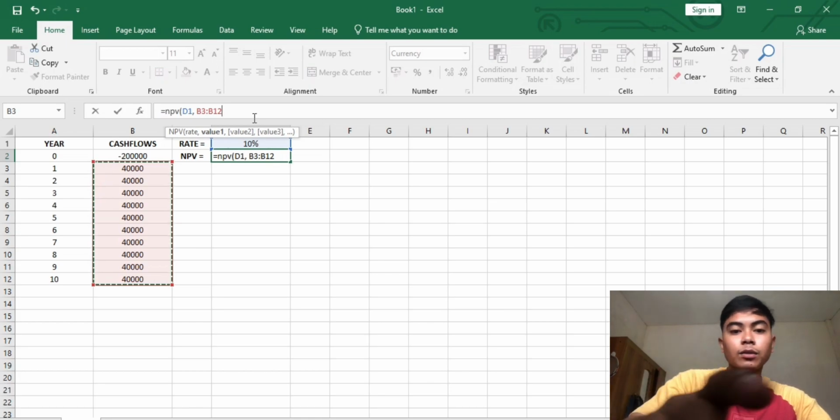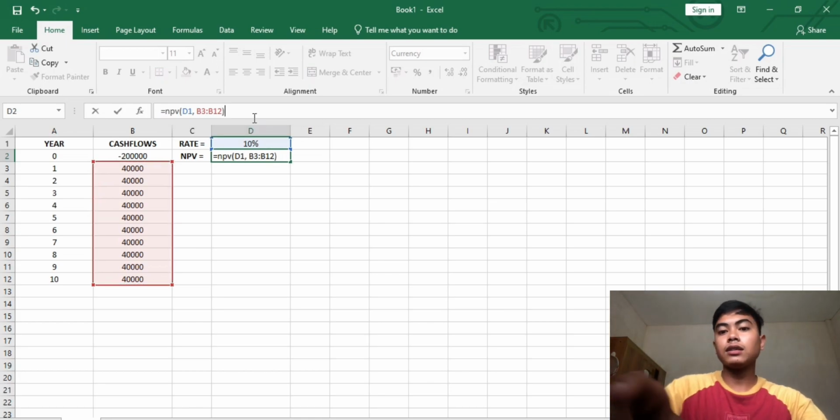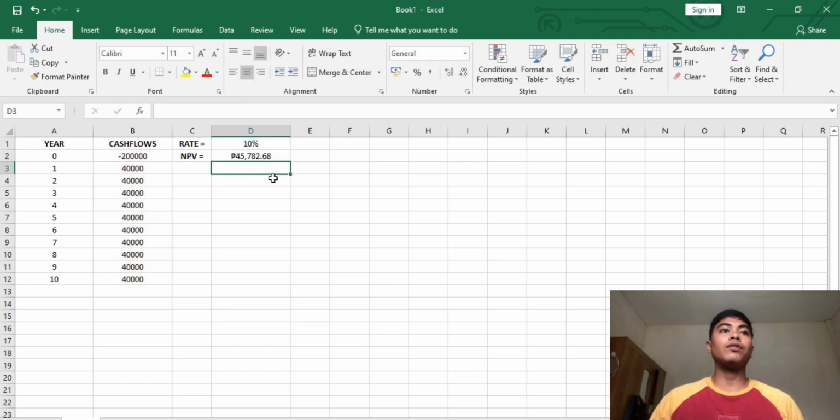After that, we are enclosing it in the parenthesis, and then we are going to add lastly the 200,000 from year 0. And that's where we arrive at our NPV of 45,782 pesos and 68 centavos.